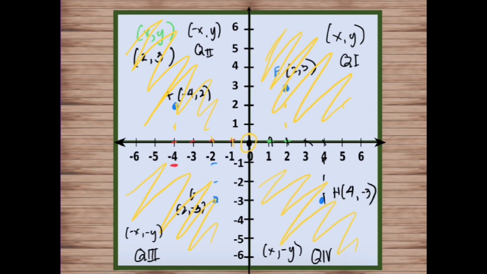Now you might be wondering, sir, what if there is a point located on this part? Is it part of quadrant 1 or is it part of quadrant 4? Well, the answer is actually neither. This point right here, the red point that I indicated, is part of what we just discussed earlier, the x-axis.